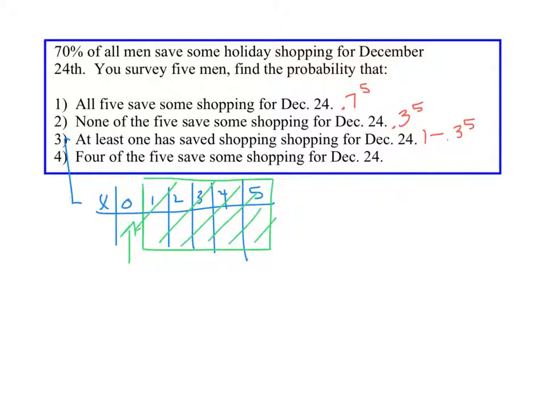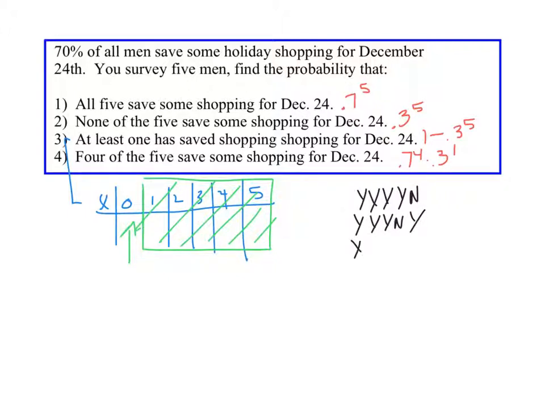So you say, well, it's going to be 0.7 to the 4th, times 0.3 to the 1st. However, for 4 of 5 men, there are multiple ways for that to happen. We could have yes, yes, yes, yes, no, or yes, yes, yes, no, yes.